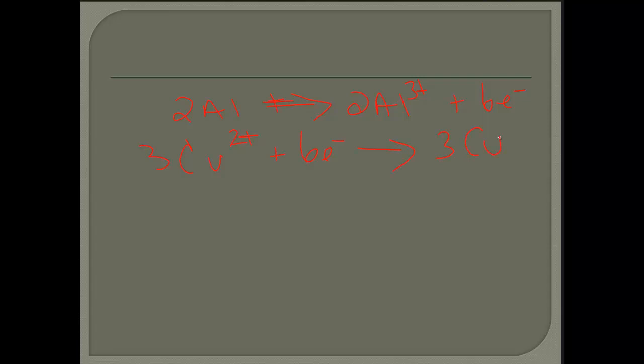The electrons cancel, and that's the only thing that can cancel. Everything else is brought down. So 2 aluminum plus 3 Cu2 plus yields 2 Al3 plus and 3 Cu.